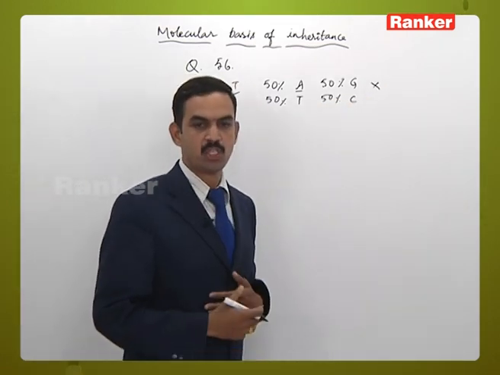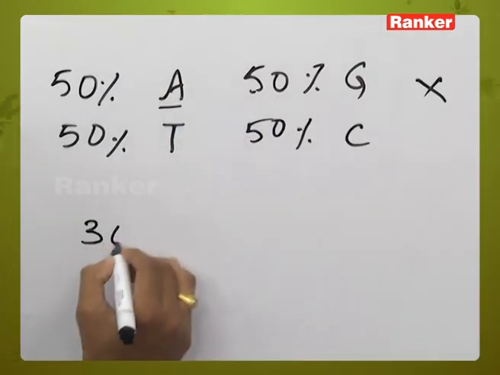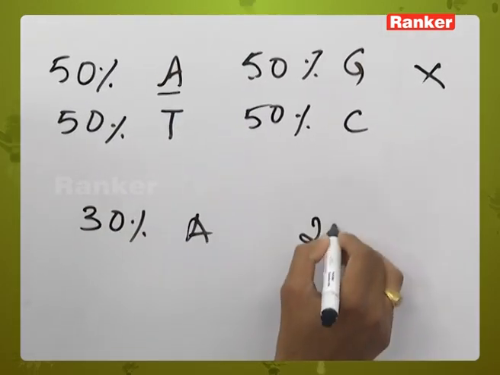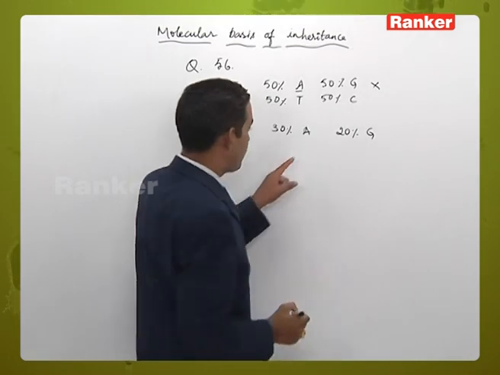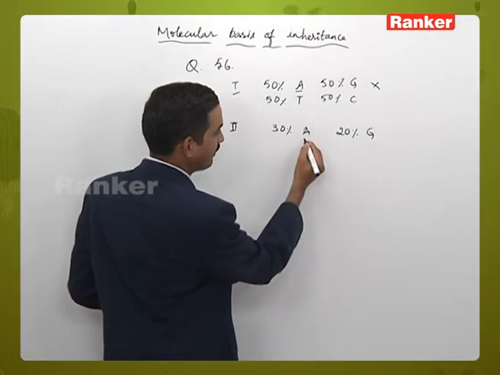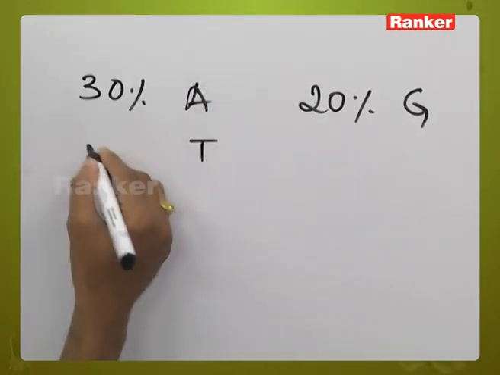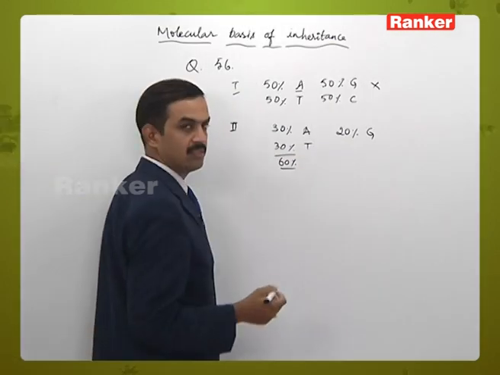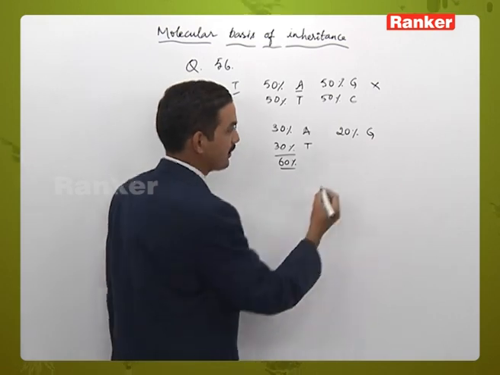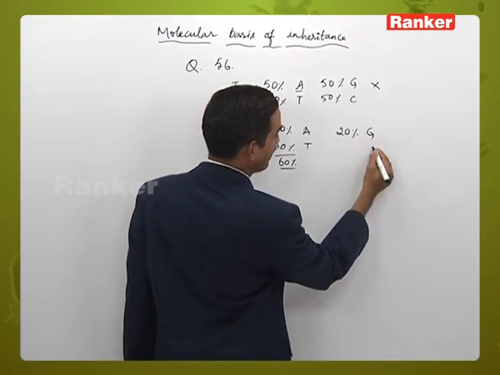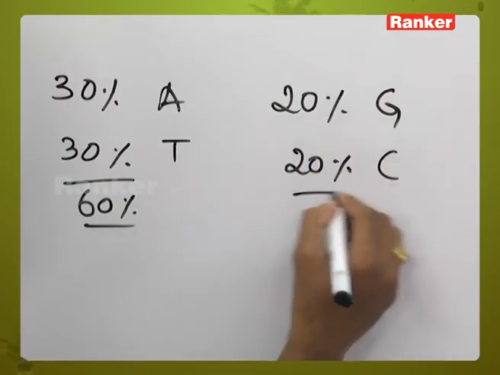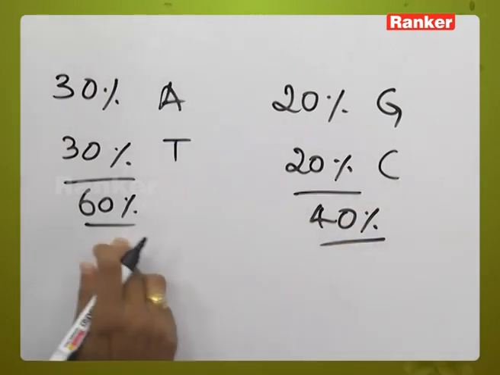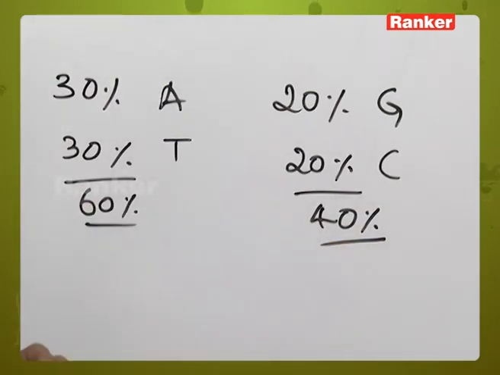Next one, a DNA molecule may consist of 30% adenine and 20% guanine. According to complementary base pairing, when A is 30%, thymine is also 30%, coming to 60% of the total nitrogen bases. Then guanine is 20%, cytosine is also 20%, coming to 40%. So the total percentage of nitrogen bases in that DNA is 100%.